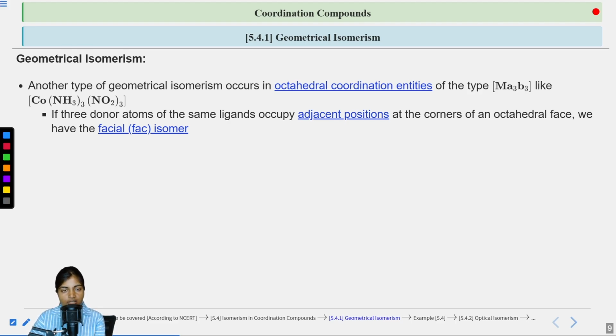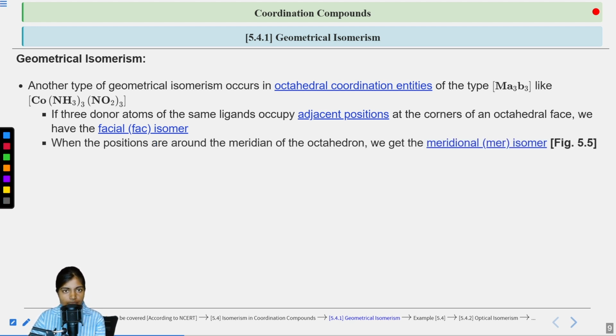So when these three donor atoms occupy adjacent positions at the corners of an octahedral face, in the 3D geometry, when the corners of the octahedral face are occupied by the same three donor atoms of the same ligand, we get the facial isomer. We will understand it through an image.